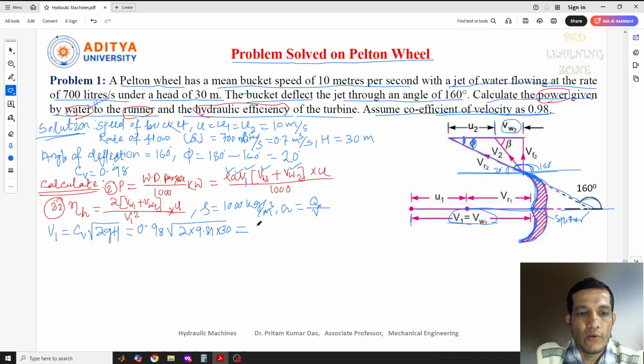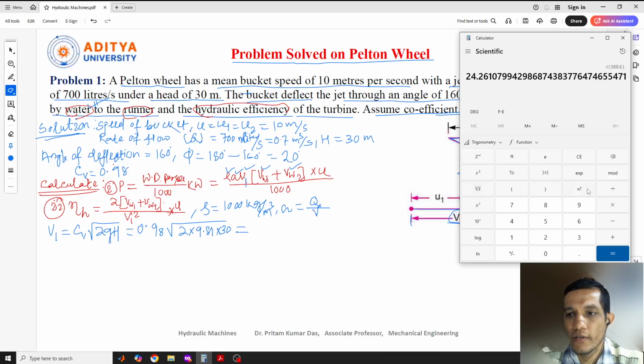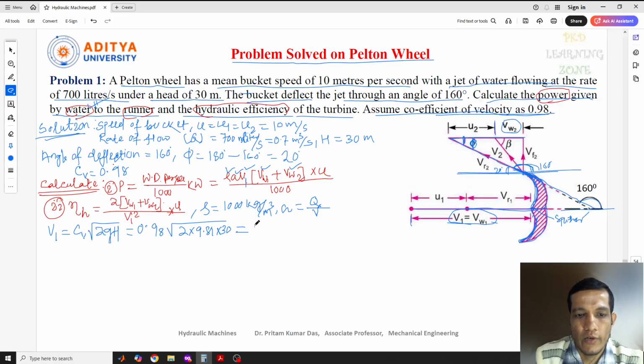Let me solve it: root of 2 into 9.81 into 30, multiplied by 0.98, gives 23.77 meter per second. And this V1 equals VW1.